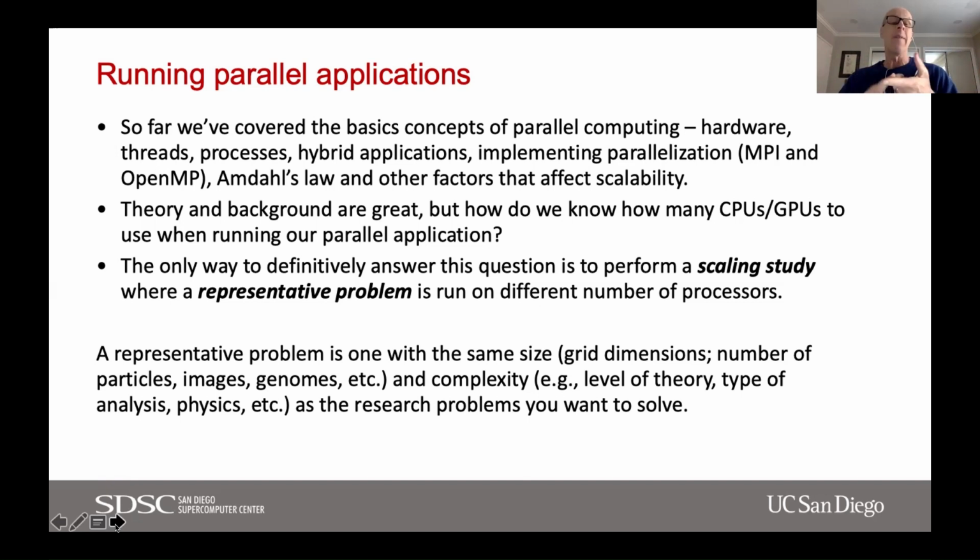If you're doing, say, molecular dynamics or solving systems of partial differential equations, you could run just a few time steps instead of a large number of time steps. If you're doing high throughput computing, you could run just a few problems in your parameter sweep rather than the entire sweep. But you do want to do a limited number of these calculations just to figure out how much faster your code is running as you use more hardware.